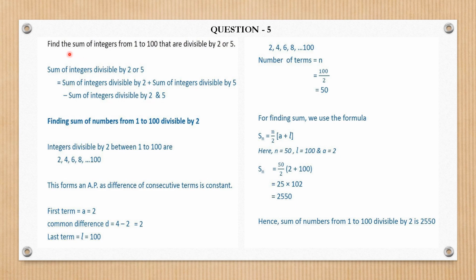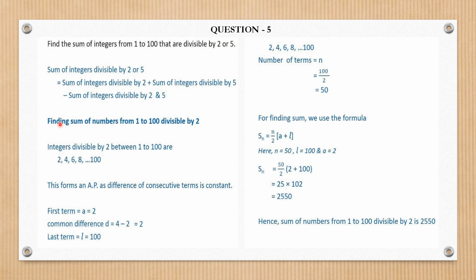The sum of integers from 1 to 100 divisible by 2 or 5 means the sum of integers divisible by 2, plus the sum of integers divisible by 5, minus the sum of integers divisible by 2 and 5, that is, divisible by 10. Because the sum of integers divisible by 2 plus the sum divisible by 5 will carry both, I have to take out the sum of integers which are divisible by both. So let us execute this question in this way.